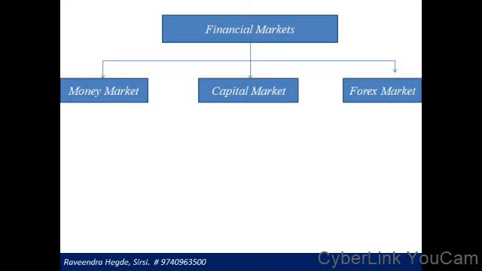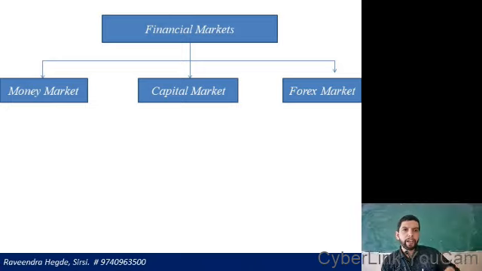The financial market is broadly classified into three categories: money market, capital market, and forex market. Now let us focus on money market and capital market. The line of difference between money market and capital market is drawn on the basis of the term involved.